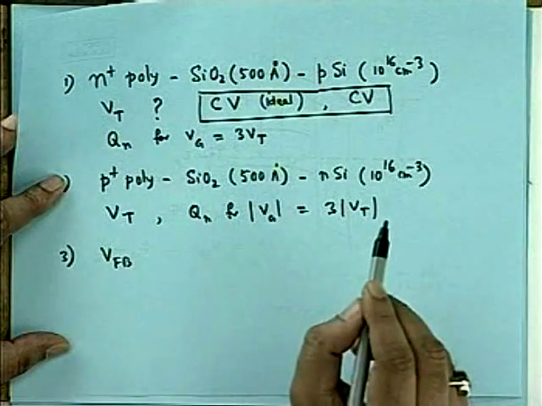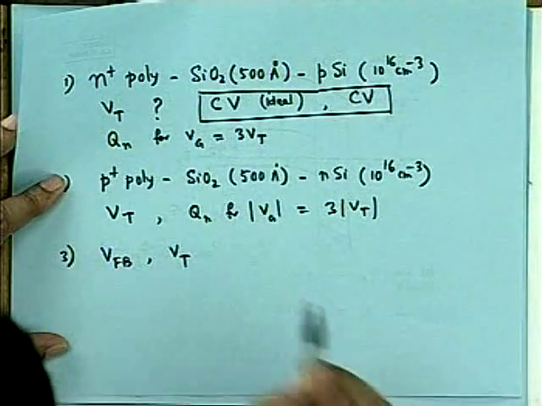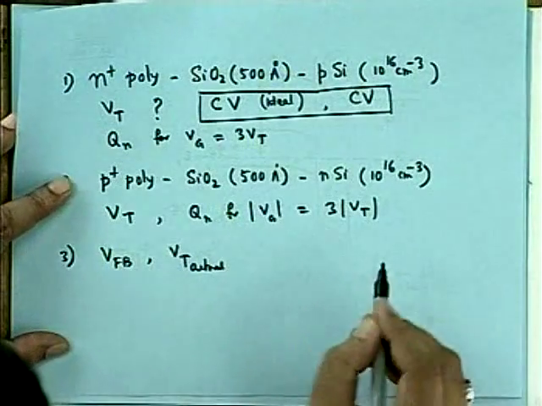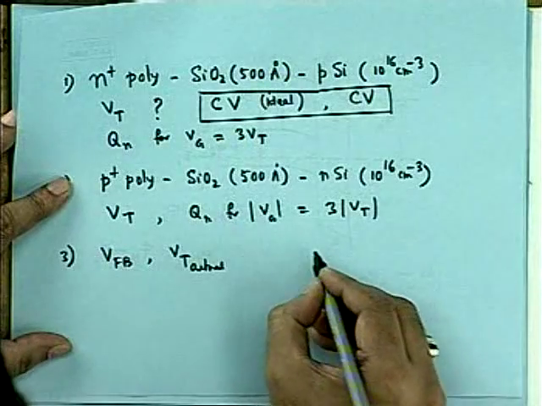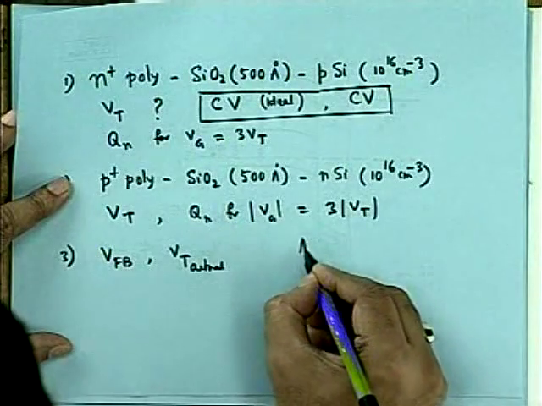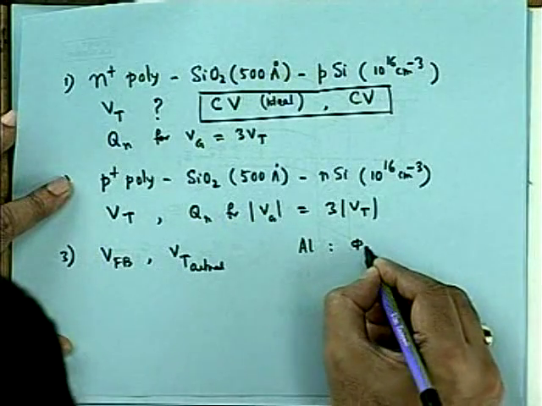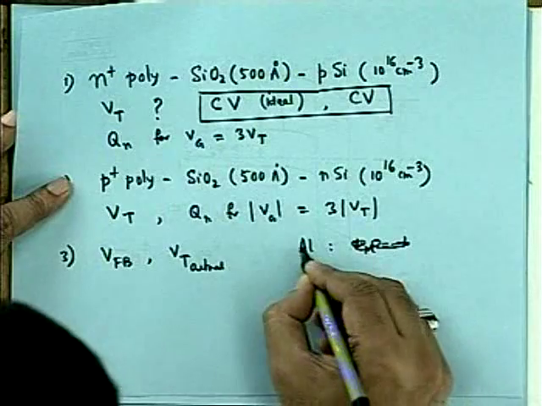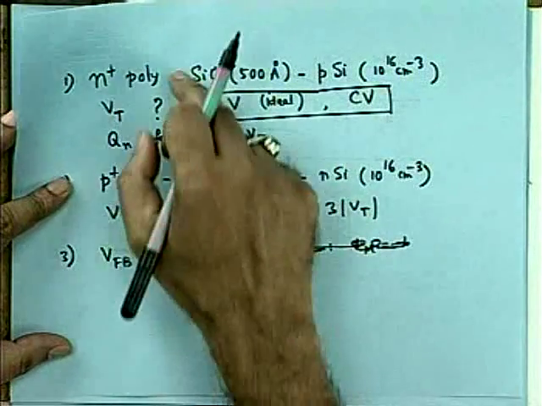Now I introduce VFB, compute it, and hence also calculate the actual Vt with the following information. You assume that for aluminium phi m is 4. Okay, there is no need, already things are known to you. Phi ms you can easily calculate from this.